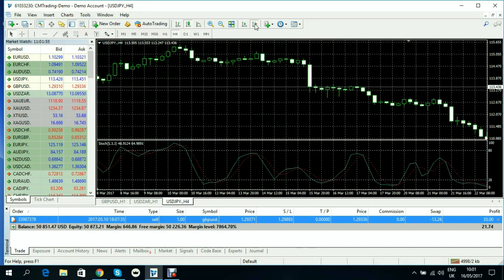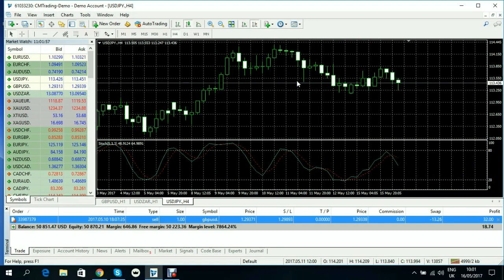But 4 hour is mostly the best. So it's important that you always use other indicators to confirm with the stochastic indicator.